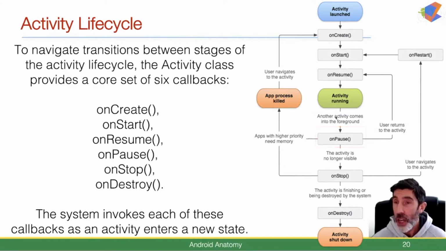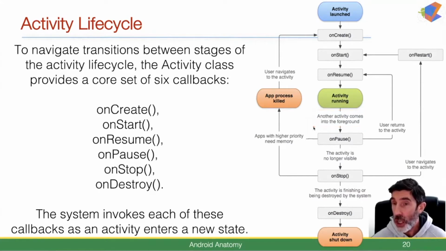But saying that, if the user was in your initial home screen activity, and then the user clicks on a button to take you to maybe a report screen or a list screen, then that other activity, that other screen within your app, comes into the foreground.